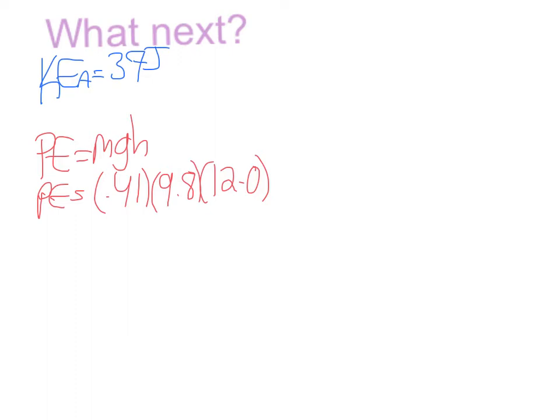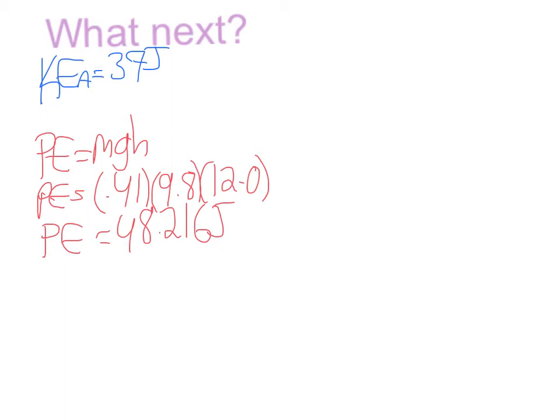So you can pause the video and multiply that out for yourself if you would like to. And you can see that when we find the total PE at point A, it is 48.216 joules.